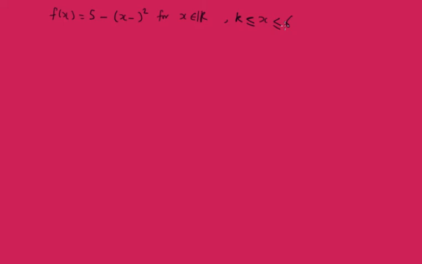Now, we want to find the smallest value of k for which f has an inverse. So let's consider the function f of x. Oh, I've not written this properly. Okay.